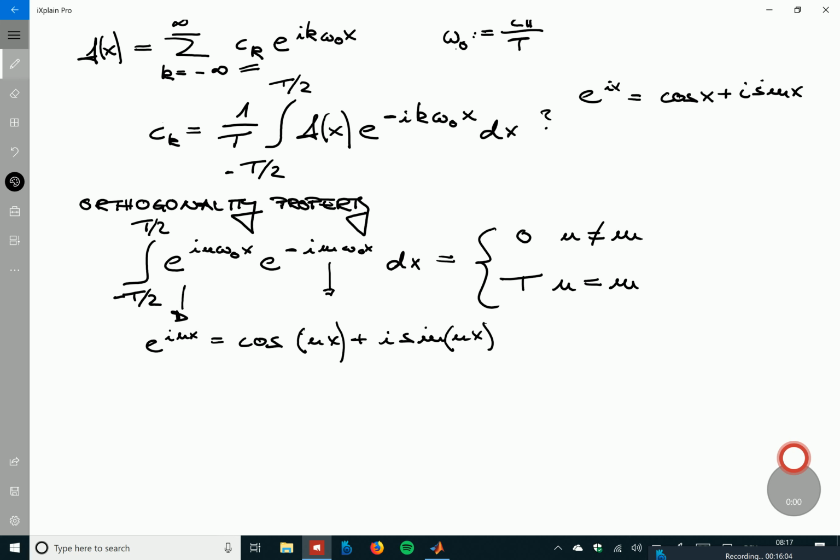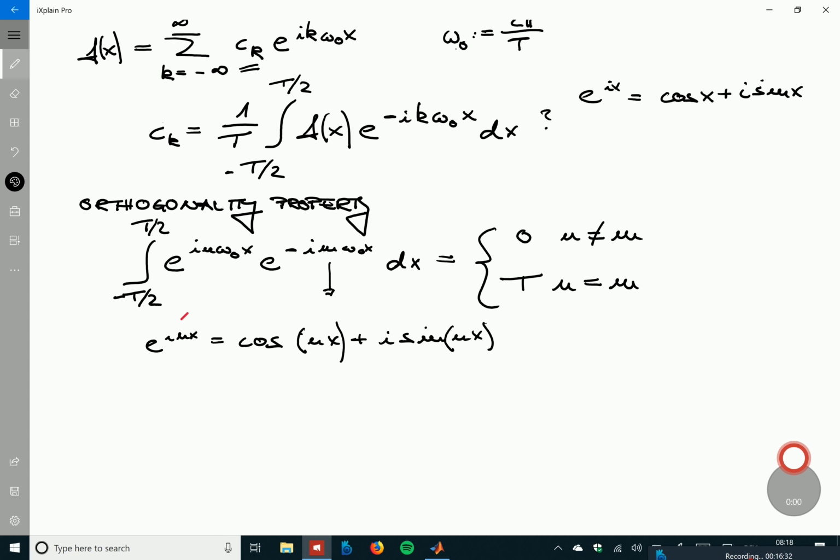You will get multiples of cosines and sines of different frequencies. Then if you use the linearity properties of the integral, this splits up, so you get 4 integrals essentially, and all these 4 integrals are exactly the integrals we have in the sine and cosine orthogonality properties earlier on, and then everything is 0.